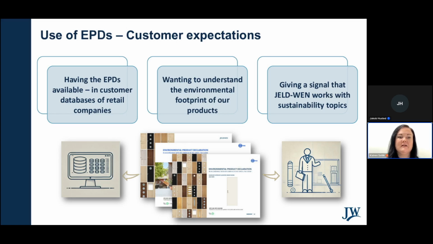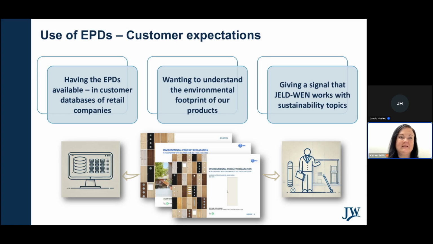So in this kind of database, it's giving a signal to the customers of the retail company: which suppliers are working with EPDs and care about the product environmental footprint, and which companies do not care about that. So of course we wouldn't want to look bad in those databases either.